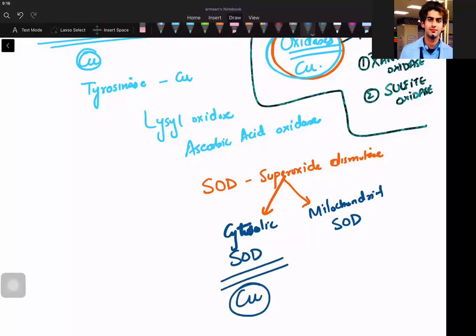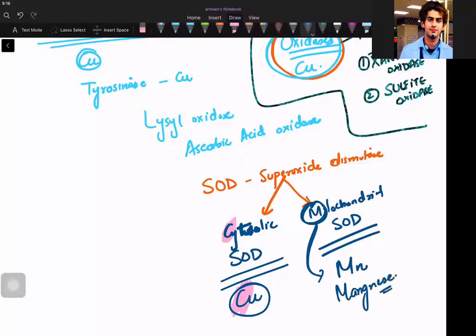How I remember it is C for C. And mitochondrial SOD, I remember M for manganese. It's manganese, not magnesium. I don't remember the spelling, but I will try. Are we able to understand how to remember?